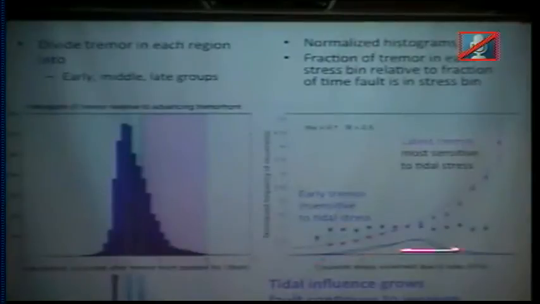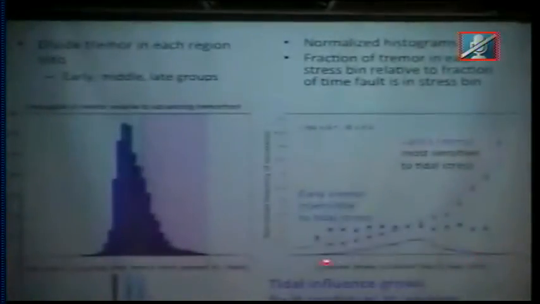So it spends roughly the same amount of time in this stress state as it does in that stress state. If we just look at 2 kilopascals, it spends about the same amount of time at positive 2 kilopascals as at negative 2 kilopascals.